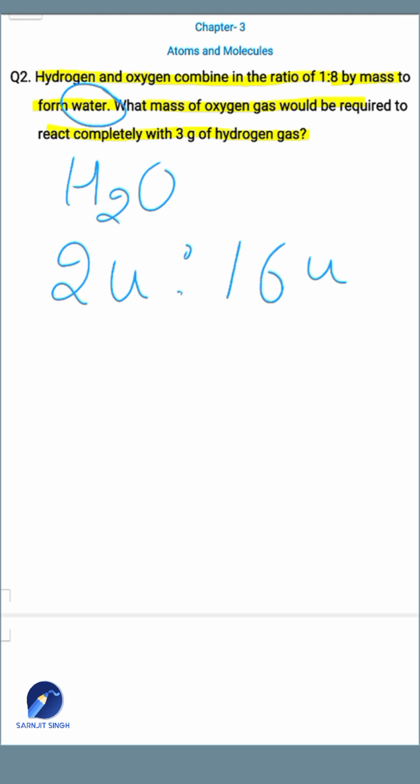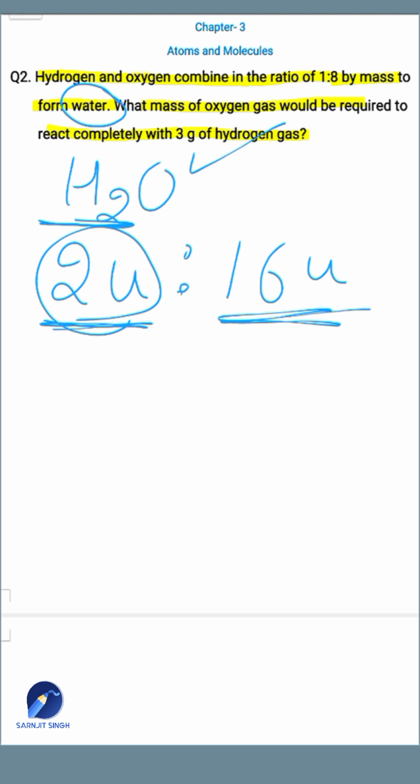According to the law of constant proportion, all the elements are present in a definite proportion in a compound by mass. Here 1 hydrogen atom has 1 unit mass, and because there are 2 hydrogens, the total mass is 2 unit. Because they are present in a ratio, we use the ratio sign. 1 oxygen atom has a mass of 16 unit.